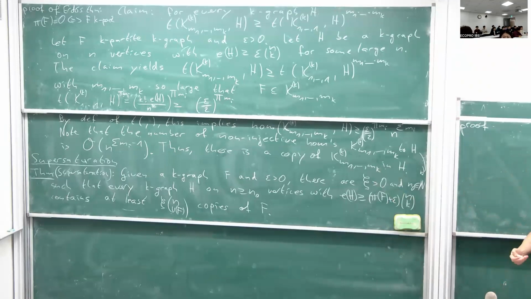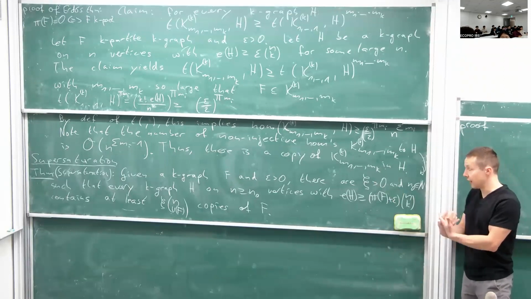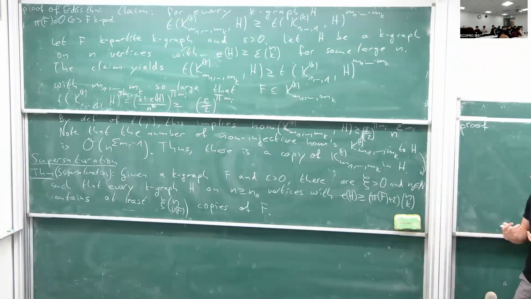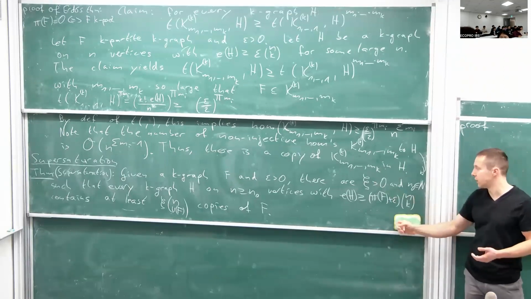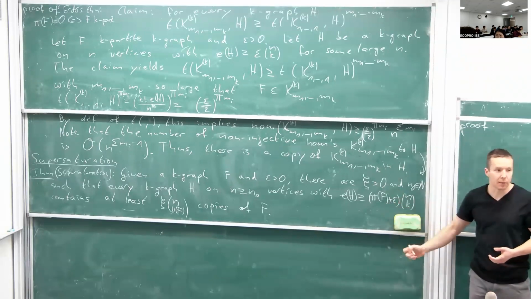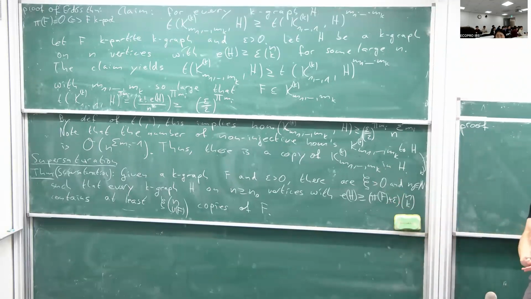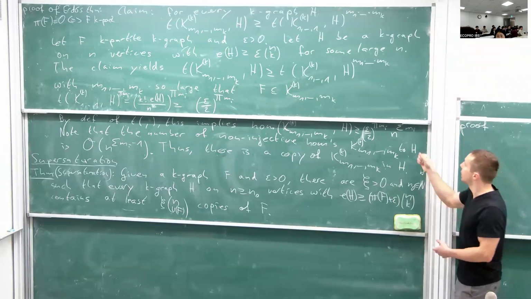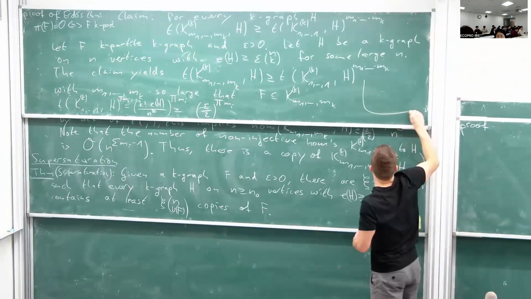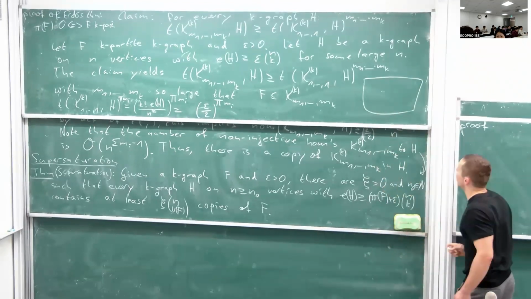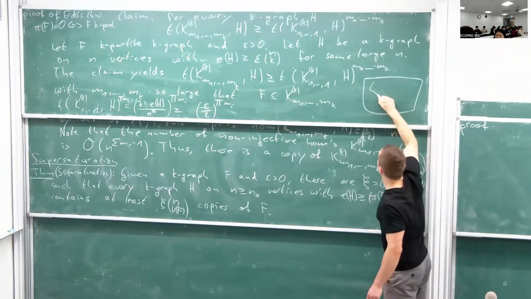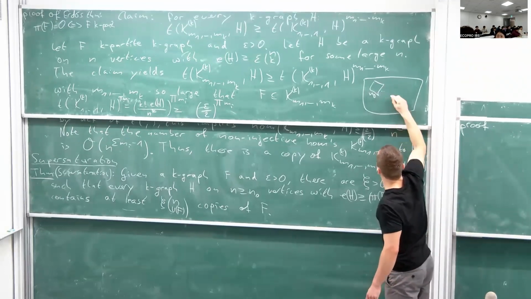So that means that whenever we have a set of n0 vertices and we have that number of edges, with an epsilon half here, then we contain a copy of F. And then imagine that this is our whole H, and now we look at all these sets of size n0.